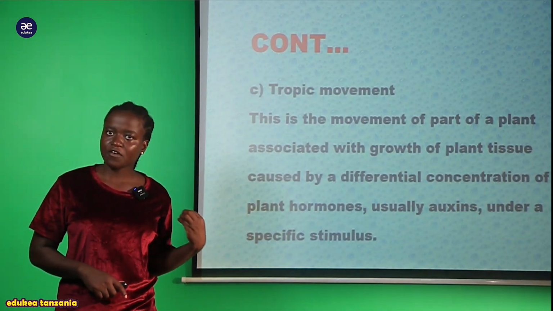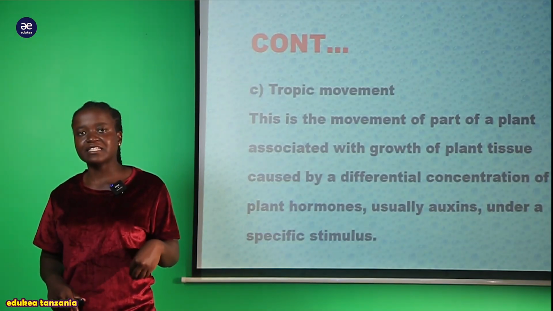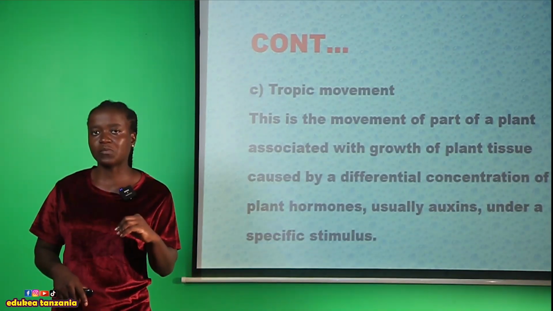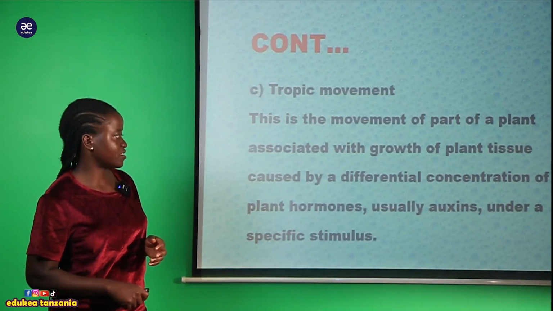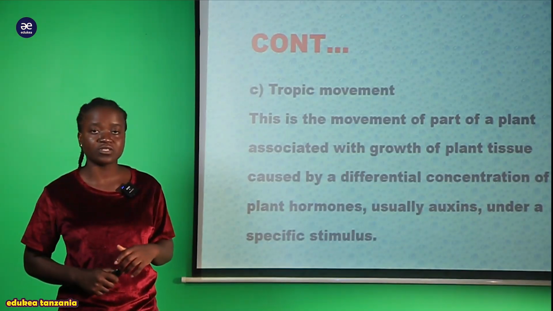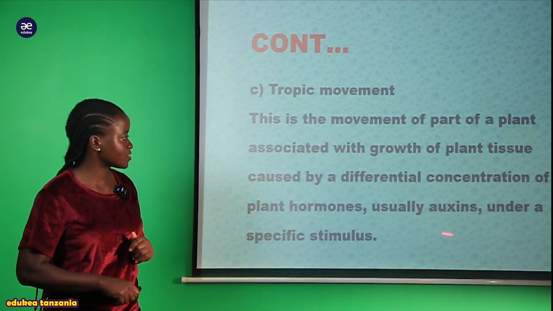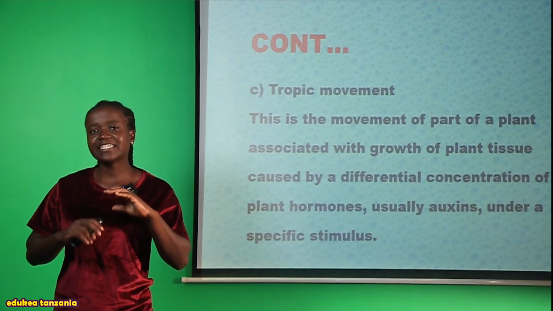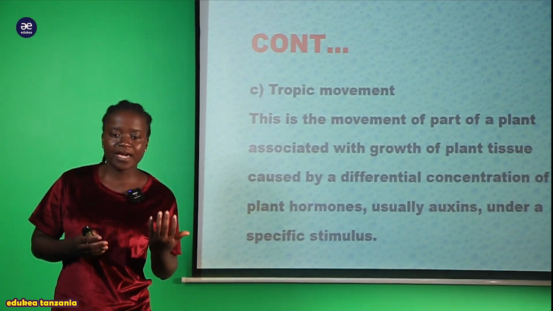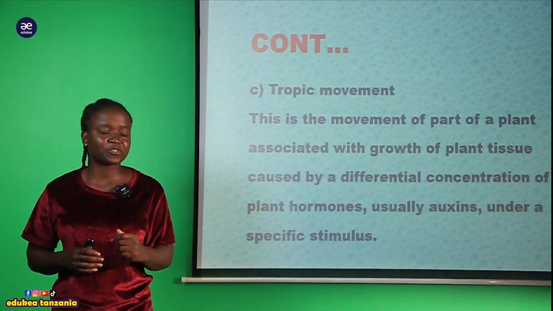So this tropic movement is caused by the presence of the plant hormone, or we can say the phytohormones. A good example is the hormone called auxin. This auxin hormone, at a higher concentration, can cause a movement of a plant.